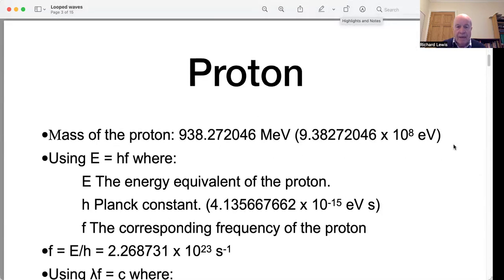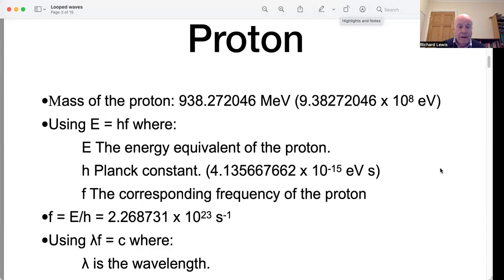So first of all, applying this to the proton, the mass of the proton is given here, 938.272046 million electron volts. And we can use the mass in that form because it is essentially units of energy, and the Planck constant is in units of eV seconds.